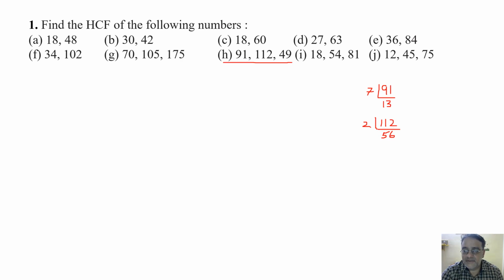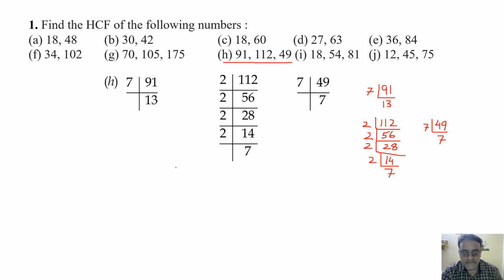Again divided by 2, you will get 28. Again divided by 2, you will get 14. Again divided by 2, you will get 7. Stop. 7 is a prime number. Next is 49. So 49 is divisible by 7 only. So 7 sevens are 49. Okay, so we got this one.